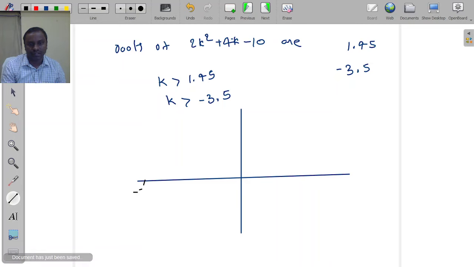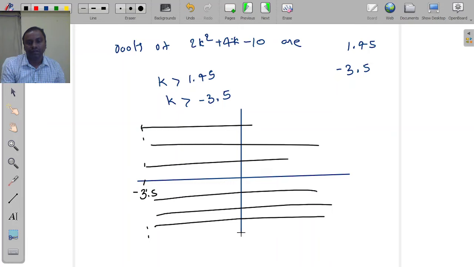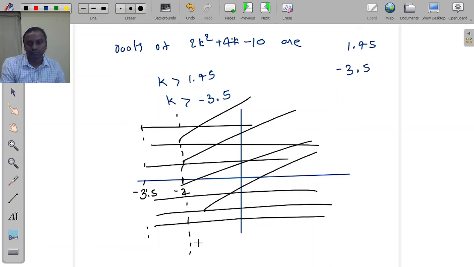K should be greater than minus 3.5, and similarly k should be greater than minus 2, and k should be greater than 1.45.